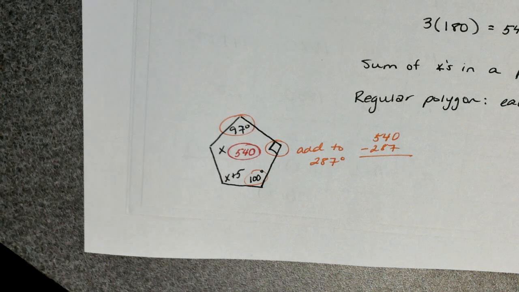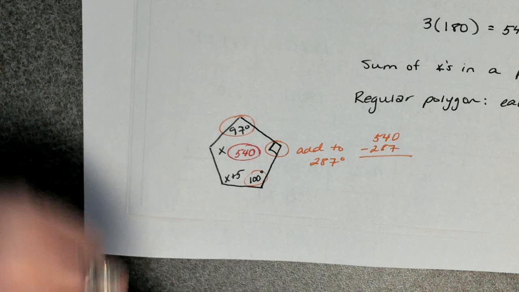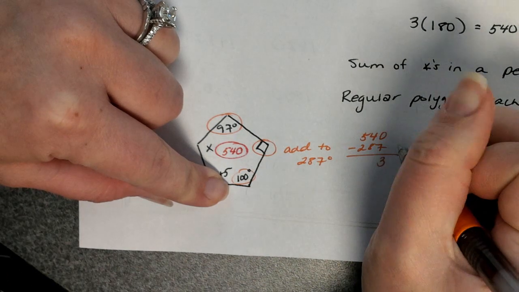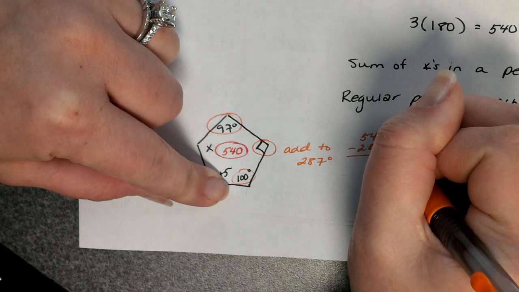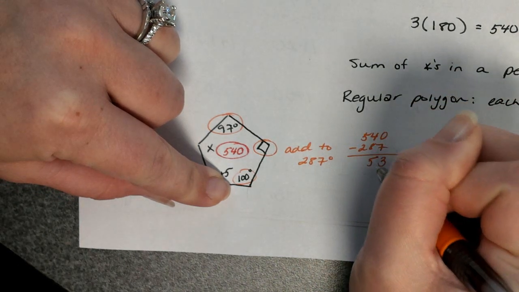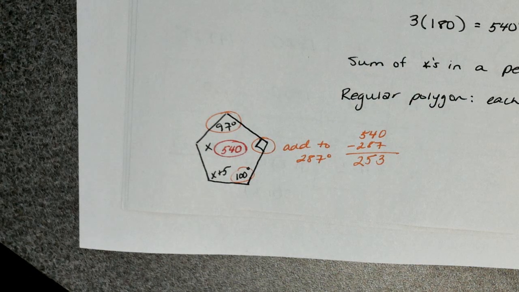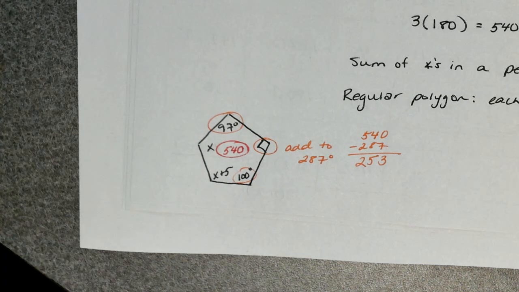What do we get? 253. Okay, so then what do I know about the last 2 angles?